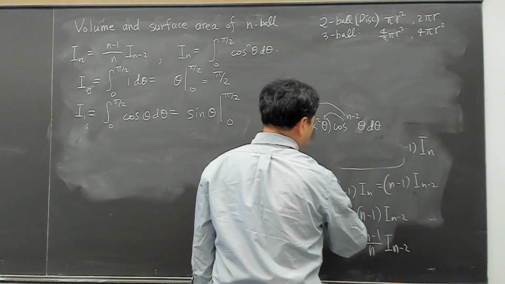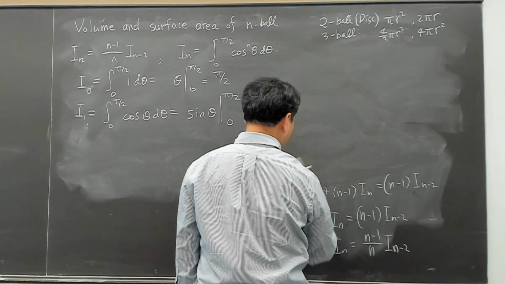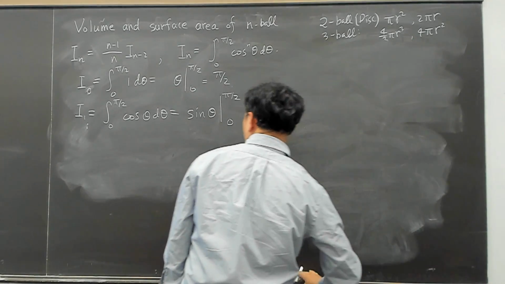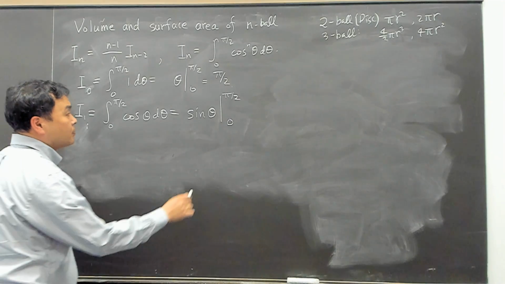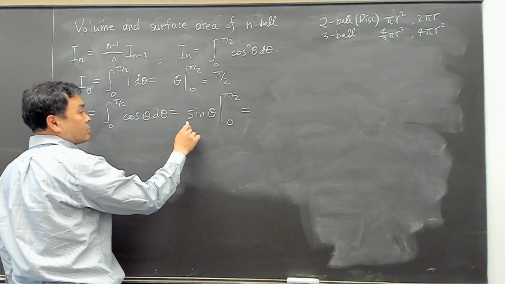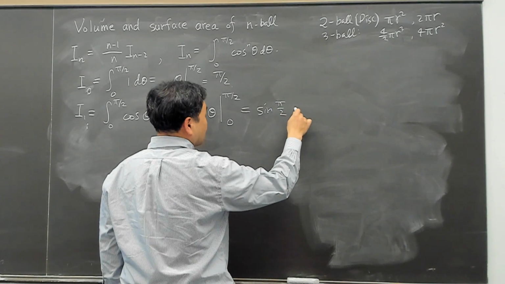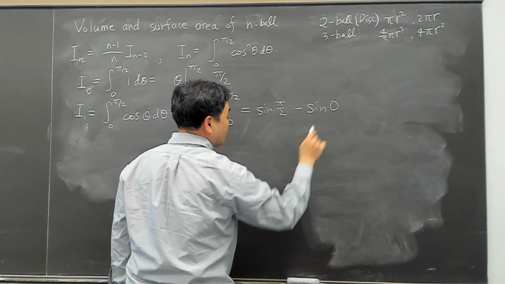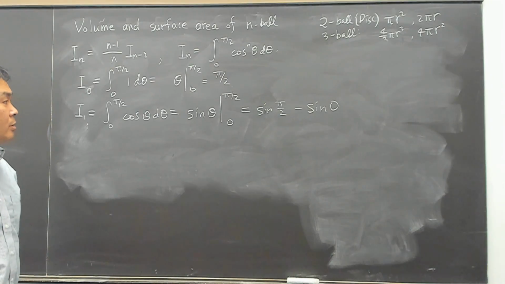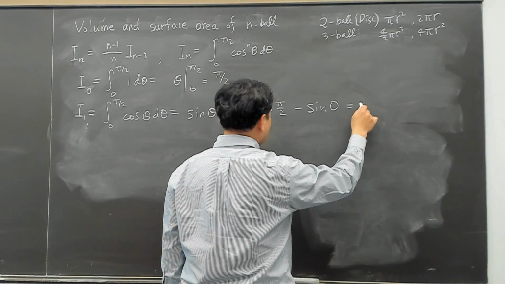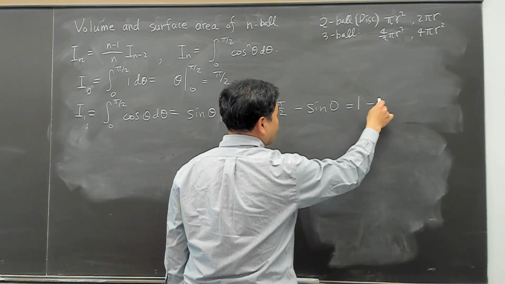So you're going to get sine of pi over 2 minus sine of 0, and sine of 0 is 0, sine of pi over 2 is 1, so you get 1 minus 0, which is just 1.